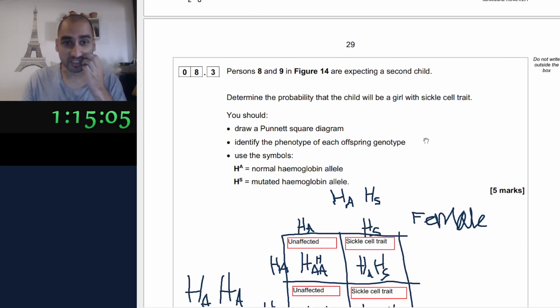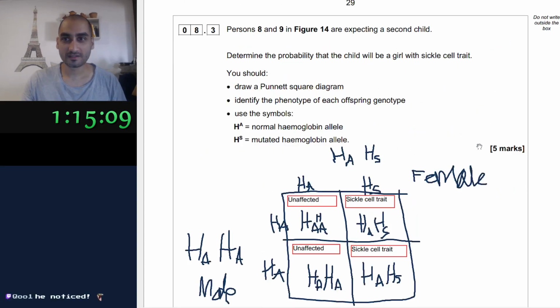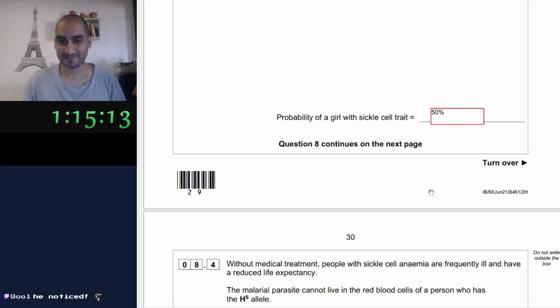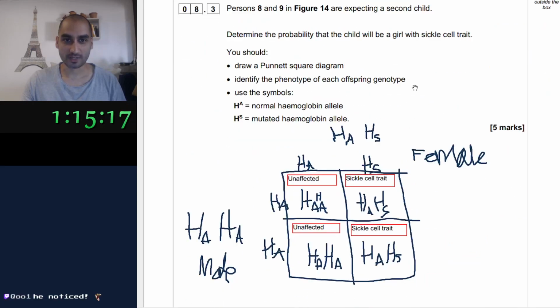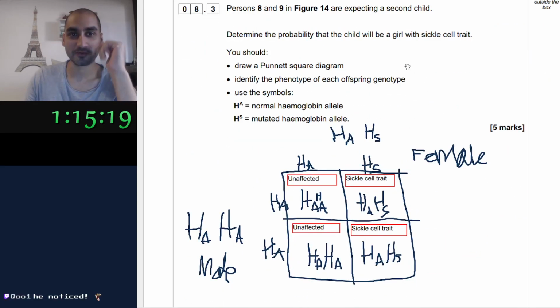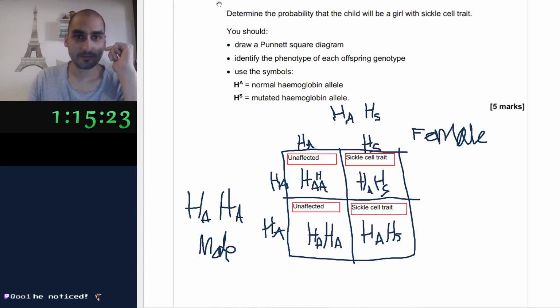She has to be a girl as well. Oh man, that's such a tricky question. Okay, because that's so gonna catch people out. All right, fine. But then, how does that change the diagram? Oh no, that means.